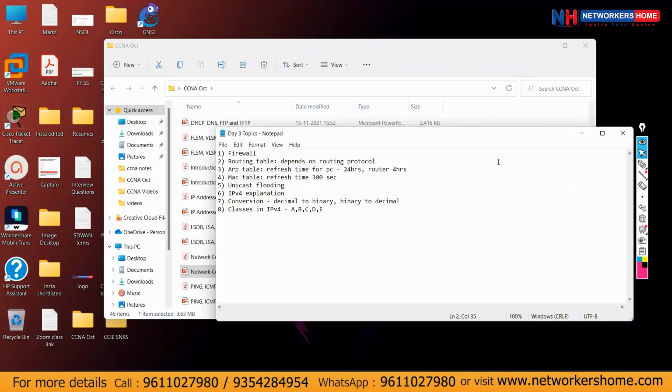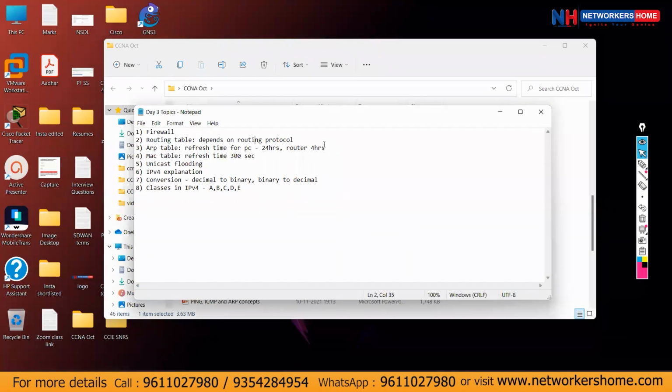Okay, so make a note of this. A router maintains a routing table, and router also maintains an ARP table. Router maintains two types of tables. One is routing table, one is ARP table. ARP table in a router is valid for 4 hours. ARP, this one, ARP table.